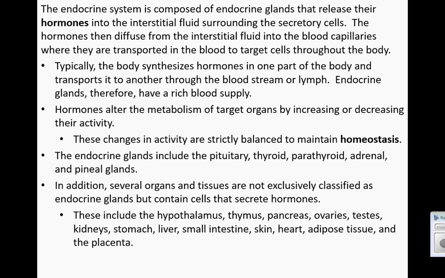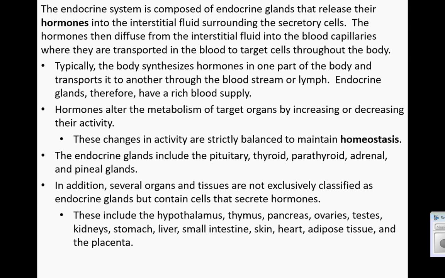It includes your hypothalamus, which we've talked about before, the major control center of your autonomic nervous system, but it's also the major control center of your endocrine system. Your thymus, which we'll talk about when we get to the lymphatic and immune lecture, so it's part of the immune system. Your pancreas, your stomach, your liver, and your small intestine are all digestive in function primarily, but they do produce hormones.